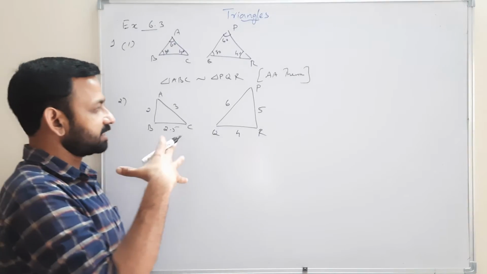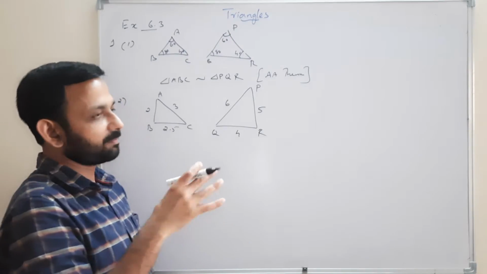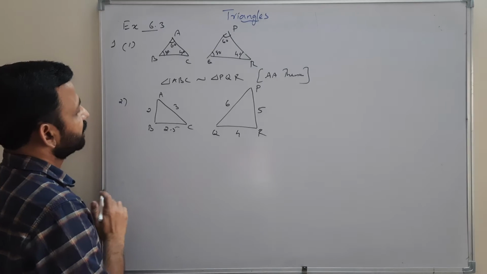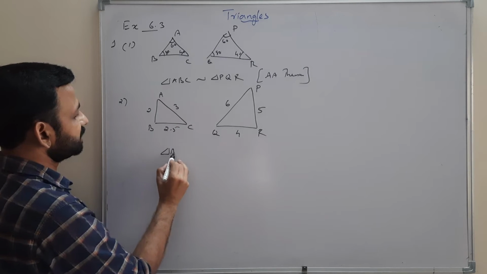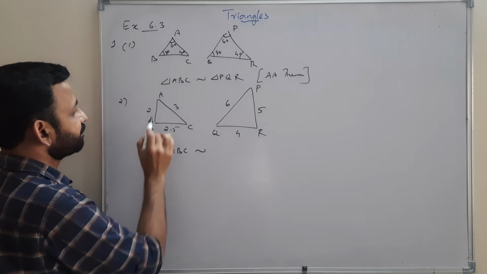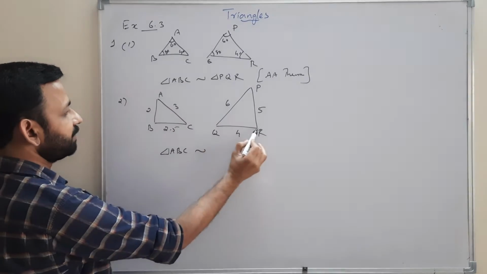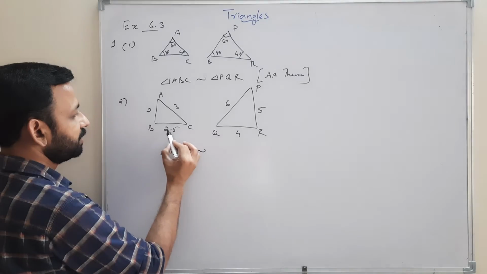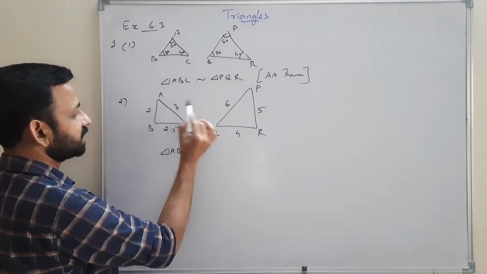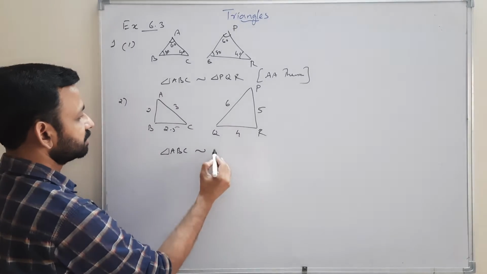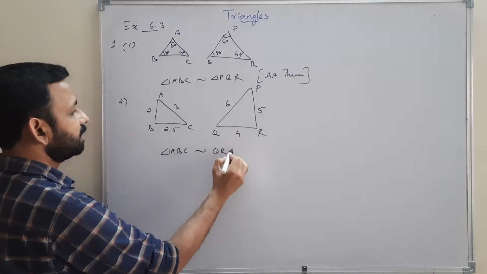When we write by using the symbol, the corresponding sides should come in proper order. So when we write triangle ABC similar to PQR, 2 by 4 equal to 2.5 upon 5 equal to 3 upon 6, AB to QR, BC to RP.